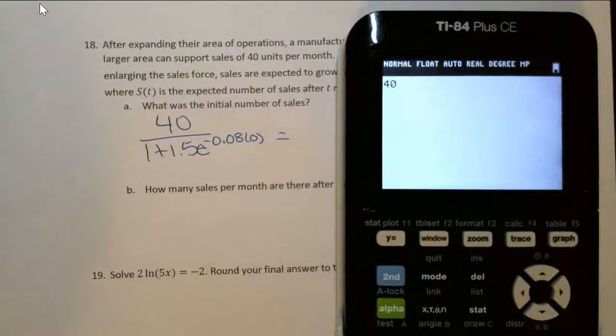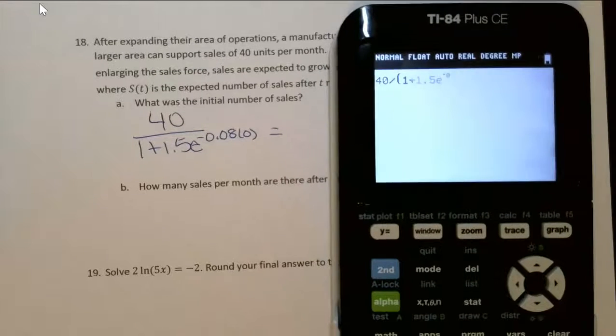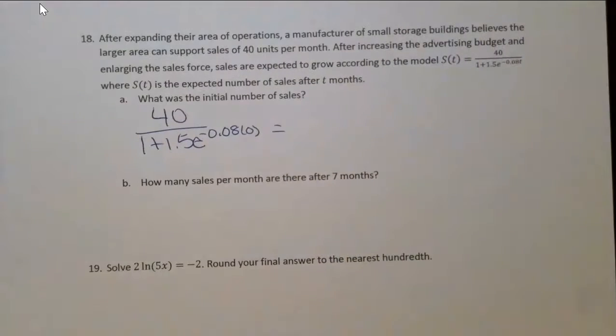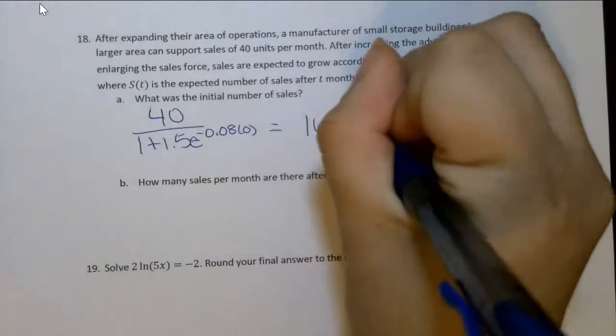So 40 goes on top, and then I want to be careful if I'm on any calculator. I want to put it in parentheses for the bottom. So I have 1 plus 1.5 e negative 0.08 times 0. And then I want to close off my parentheses, and it gives me 16 units.